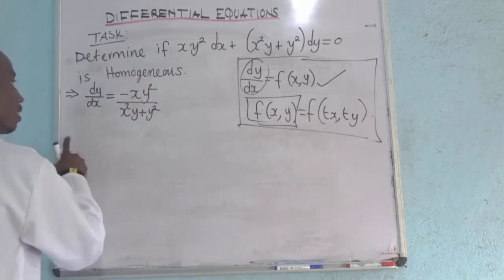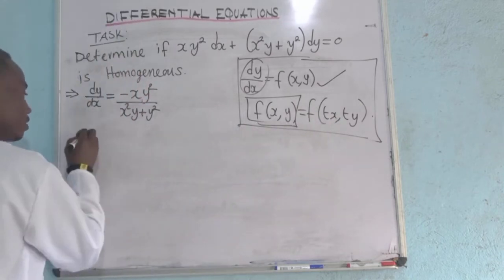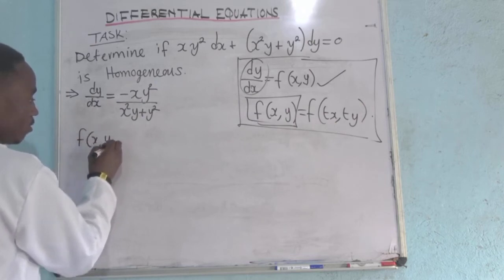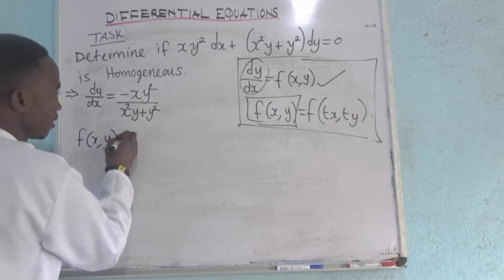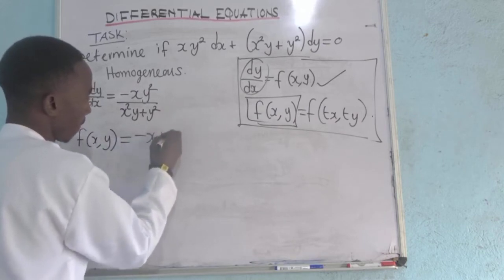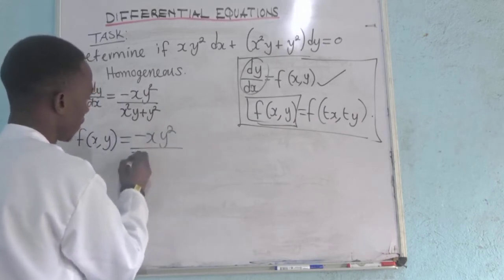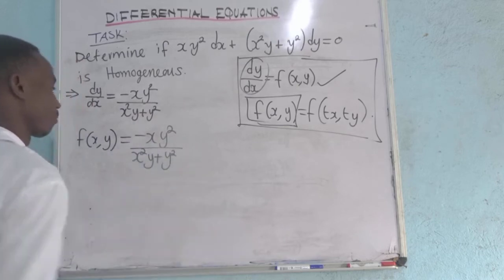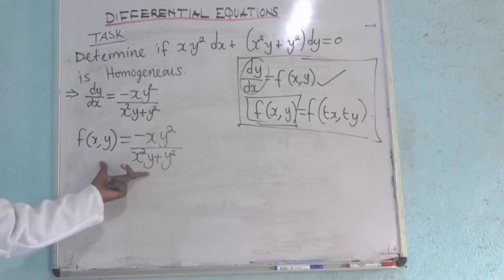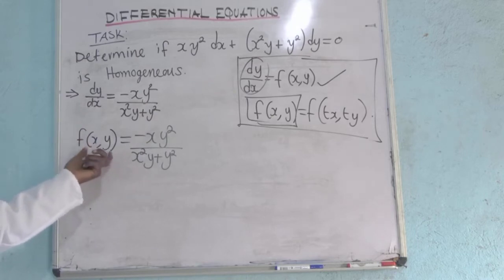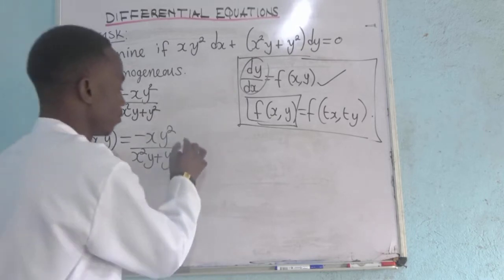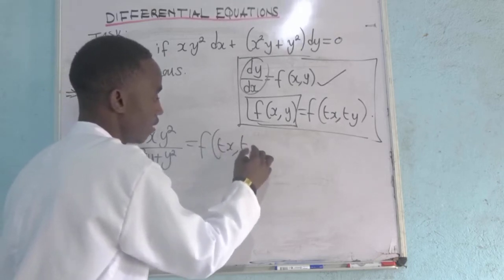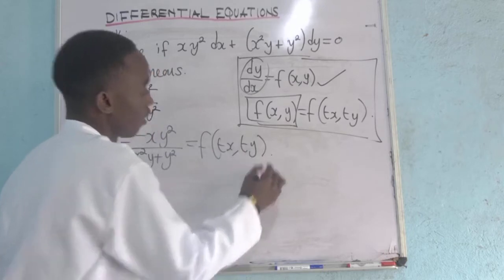So what you are saying is having this, which is just write it. So this will be written like this, so this is what you have as dy dx or f of x and y. Then this has to be equal to, when you multiply by t, everywhere there's x and y like that.